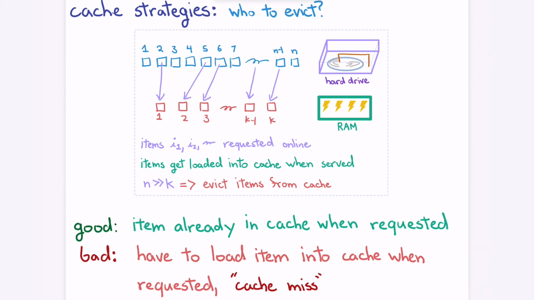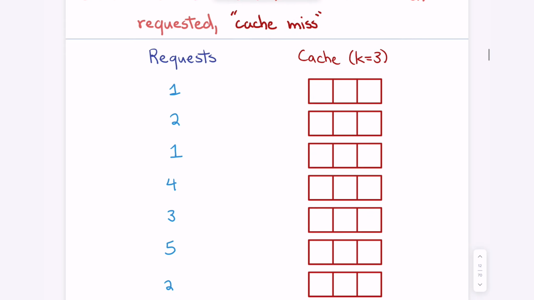Ideally, when we request an item, it's already in the cache, so you can serve it quickly. In the bad case, you'll get a cache miss. So you're just trying to avoid that. And if you want to have multiple hierarchies, you can imagine playing this game at each level of the hierarchy.